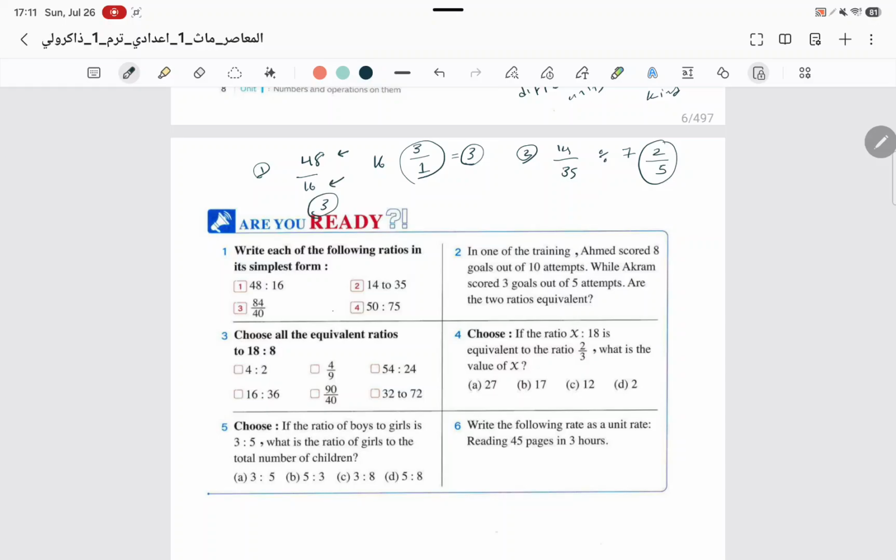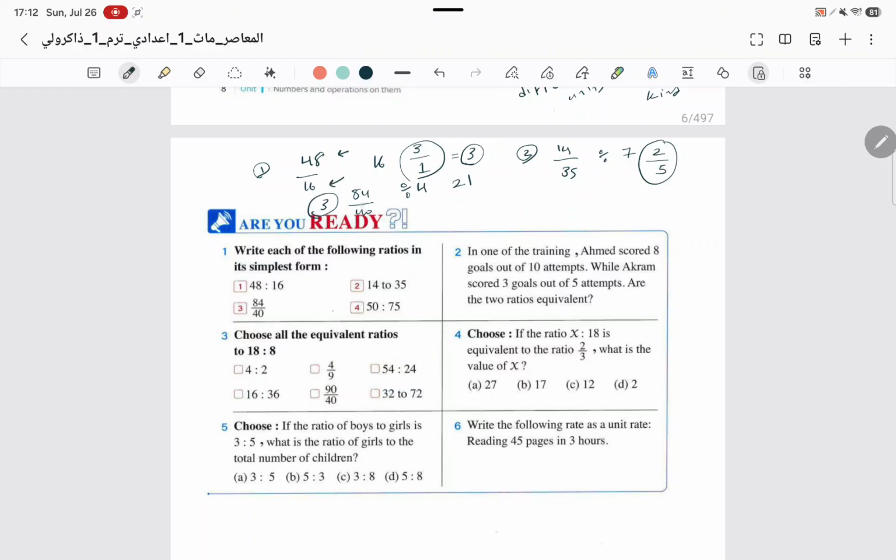The third one is 84 divided by 40. We can divide the top and the bottom by 20, for example. Okay, by 4, for example, divided by 4.